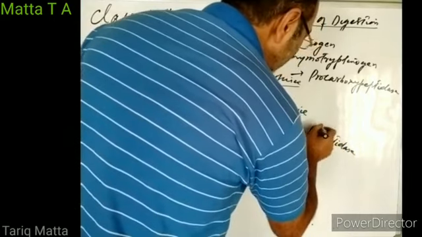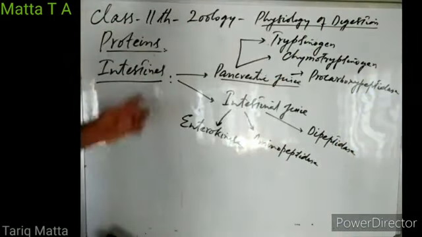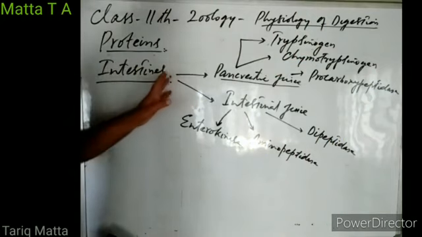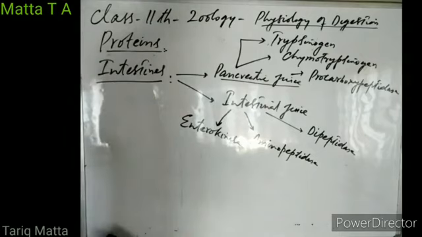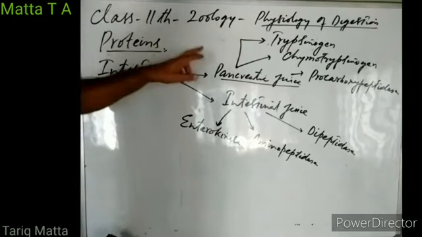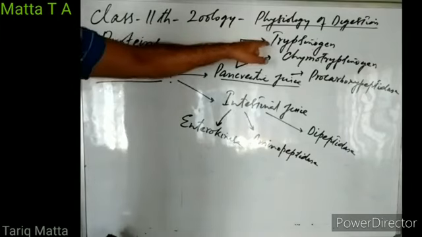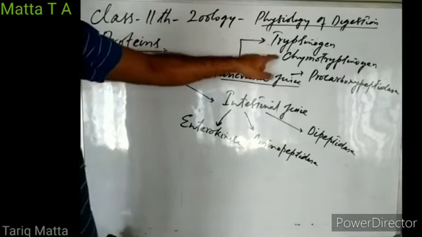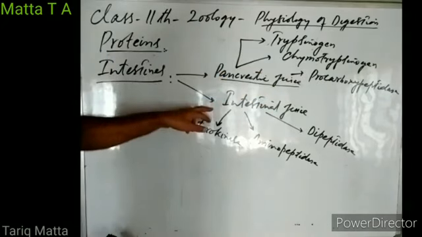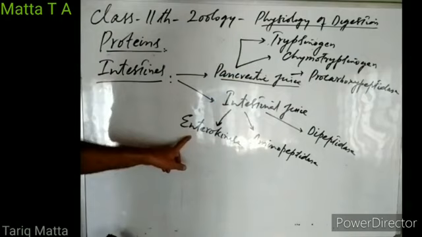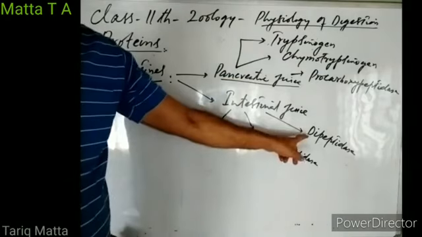So these are the protein digesting enzymes present in the pancreatic juice and intestinal juice. As the protein reaches the small intestine, it mixes with the pancreatic juice and intestinal juice. In pancreatic juice, there are trypsinogen, chymotrypsinogen, and procarboxypeptidase. In intestinal juice, there are enterokinase, aminopeptidase, and dipeptidase, right?